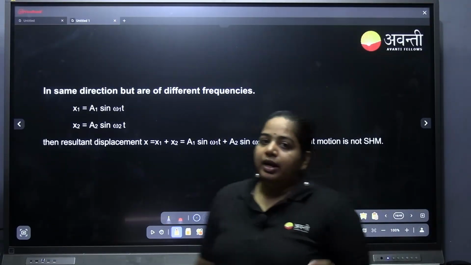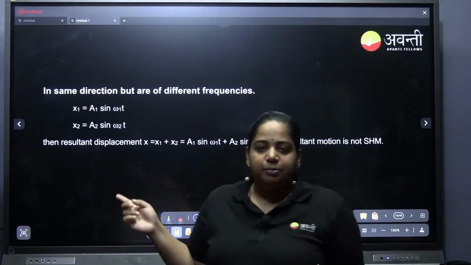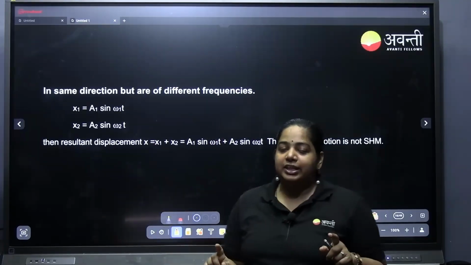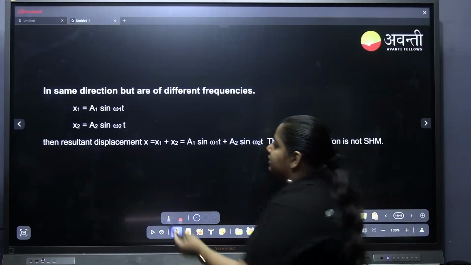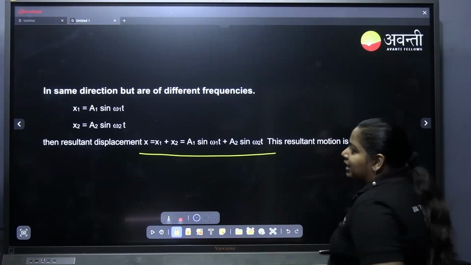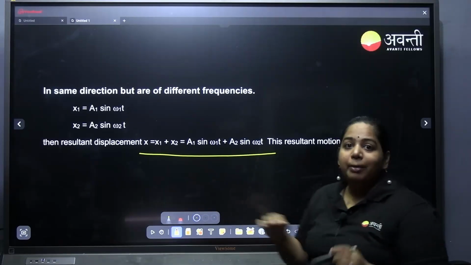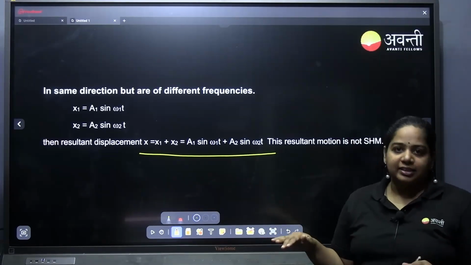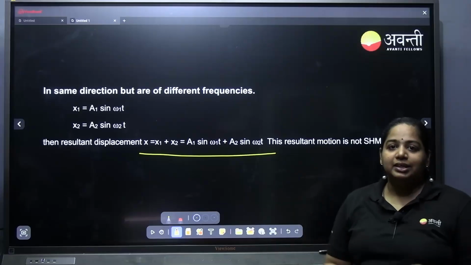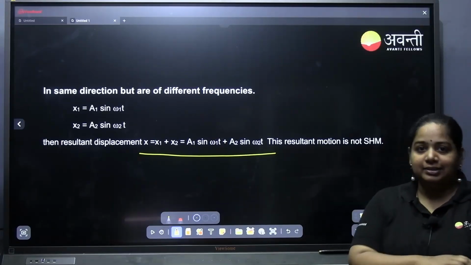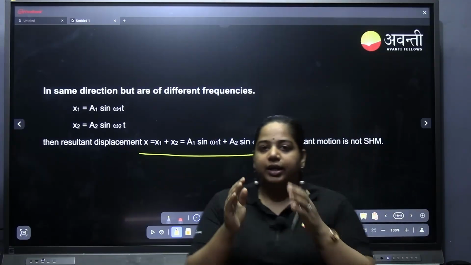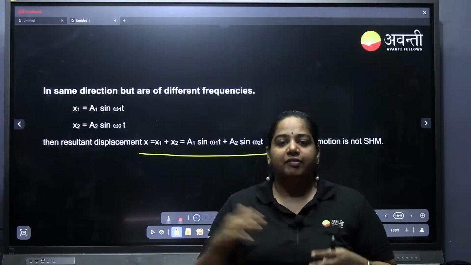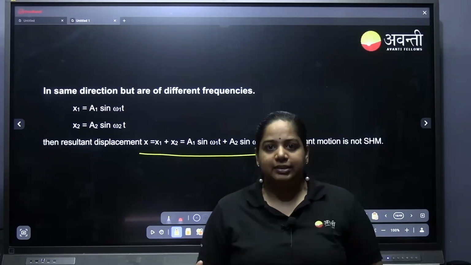Next one, as in the previous case it is in the same direction but with different frequency. In that case we can add the displacements and find the final displacement, but it will not result in SHM. Different frequency means it will not result in SHM. In some questions you will get: identify which of the following is not an SHM.